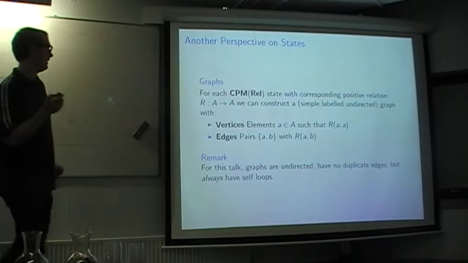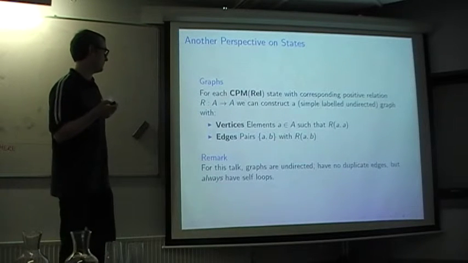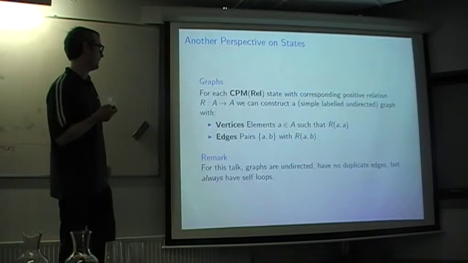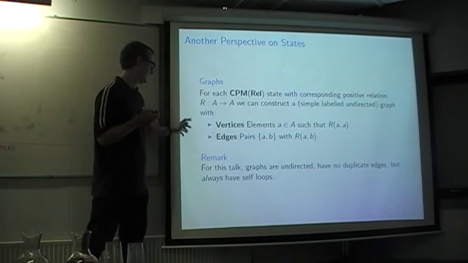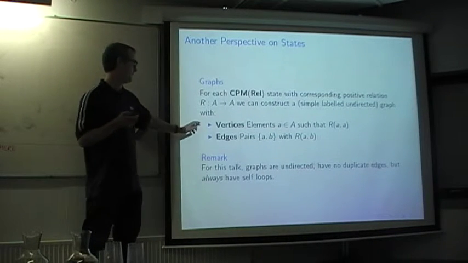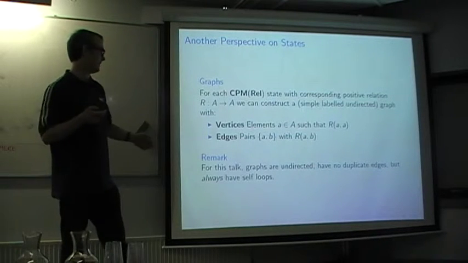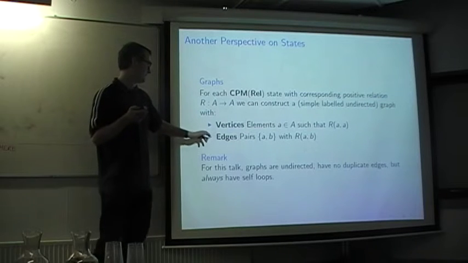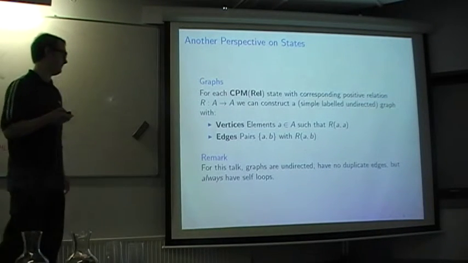So, we then look at these relations that were described a couple of slides back, and for each one of those relations, we can construct a particular graph. So basically, we take as vertices elements that are related to themselves by the relation, and we take as edges pairs of things which are related to each other.